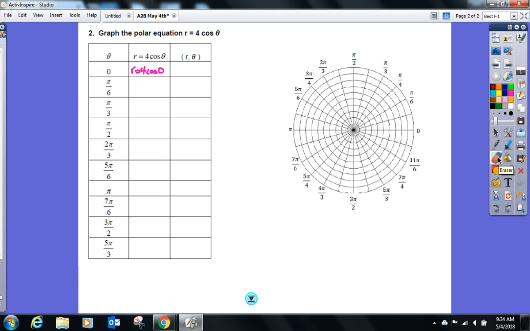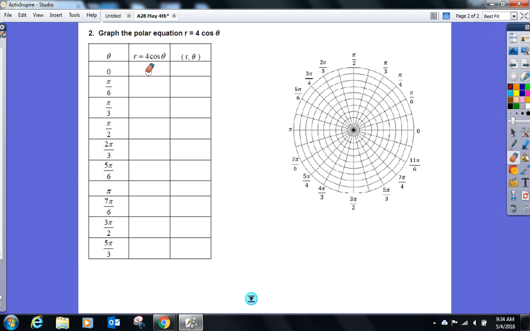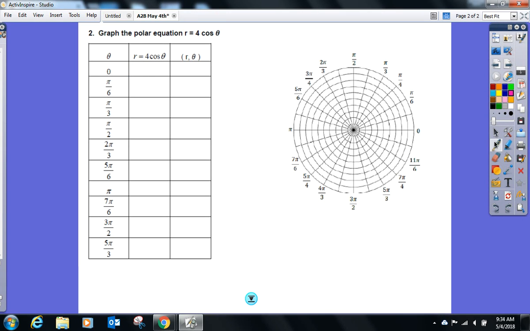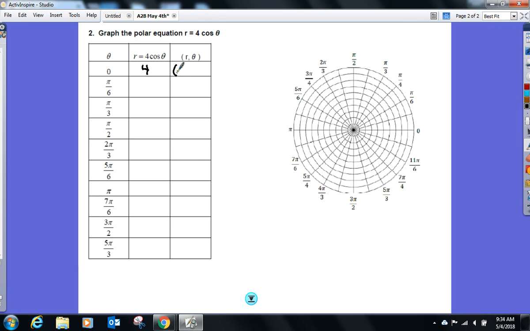What do we end up getting? Should be 4. So that means the first point I'm going to graph is not 0, 4. What is it? It's r, theta: 4, 0.